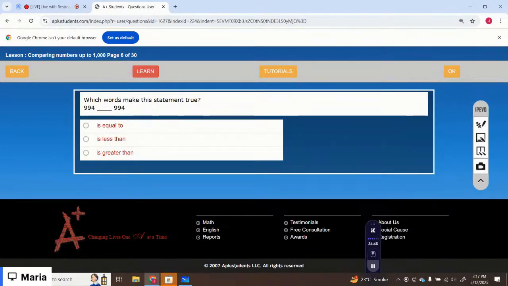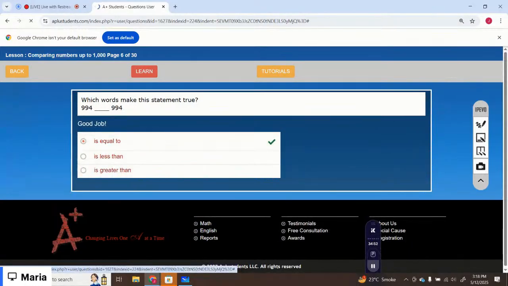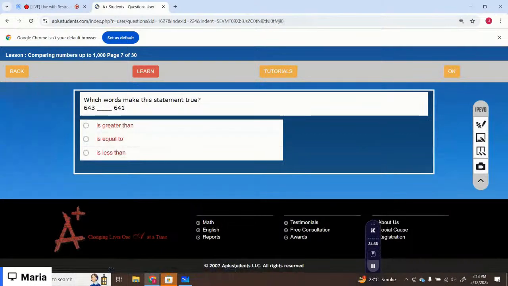They both are exactly equal. 994 is equal to 990. 643 is greater than 641. Option number 1 is the correct option.